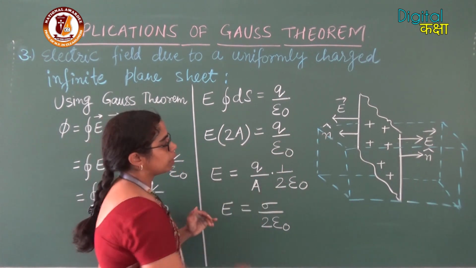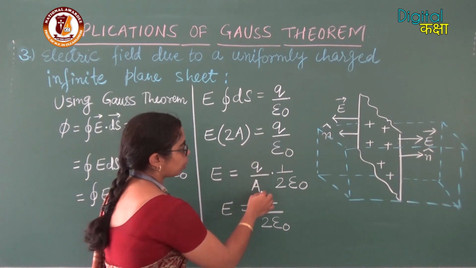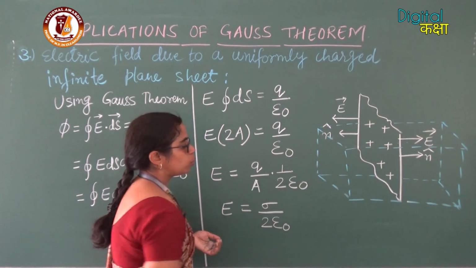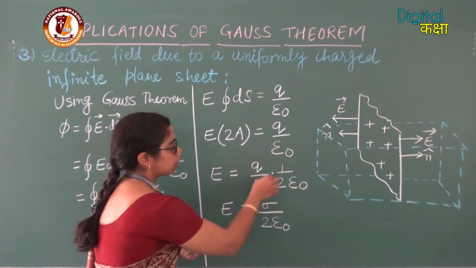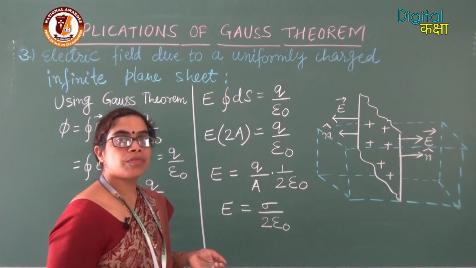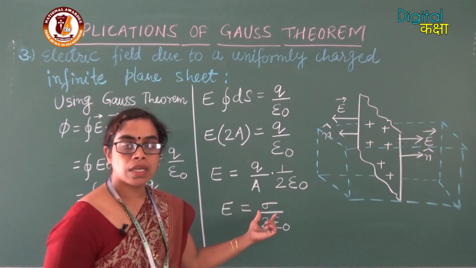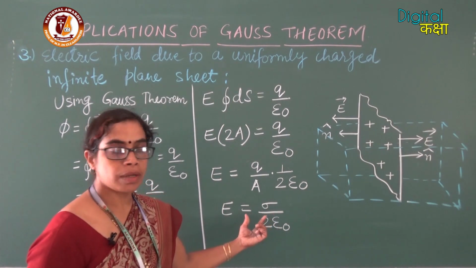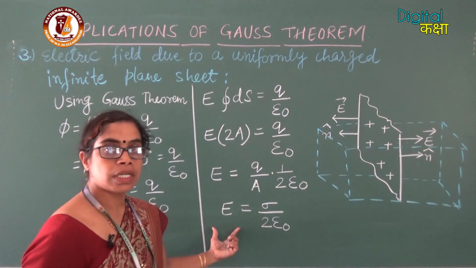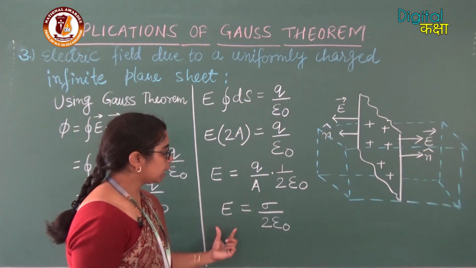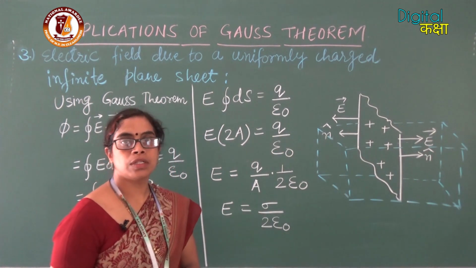Shifting the 2A term and rearranging, E is equal to q upon A into 1 upon 2 epsilon naught. Since we know that the charge distributed on a given area is termed the surface charge density and is denoted by sigma, the final formula for the electric field comes out to be E is equal to sigma upon 2 epsilon naught.